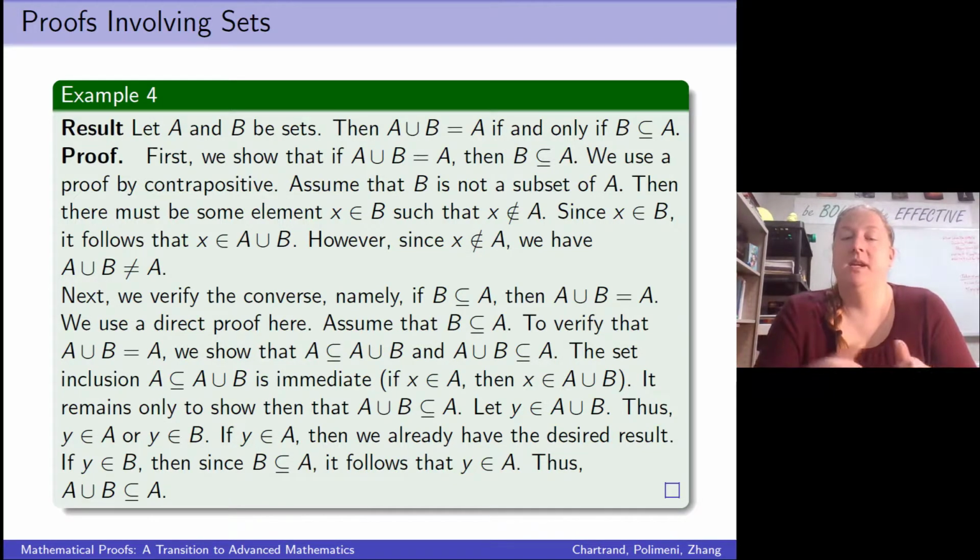But if y is in B, then we need to take the step of saying, well, y is in B. Since B is a subset of A, that means that y is in A. And therefore, A union B is a subset of A. So A union B equals A. And we've proven the converse is also true. And therefore, we have our entire biconditional.